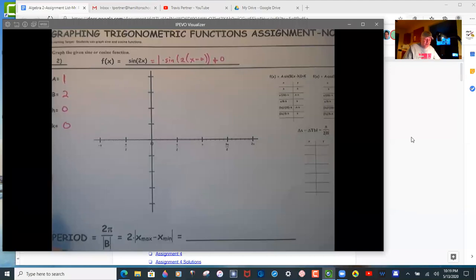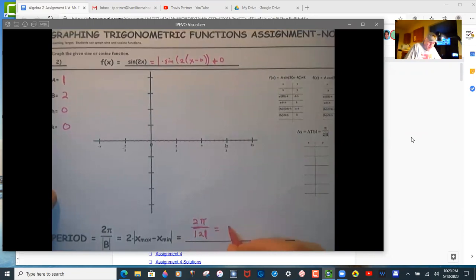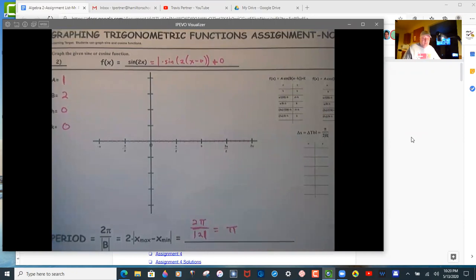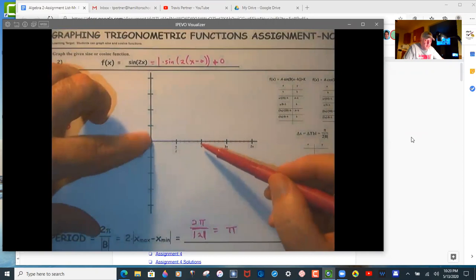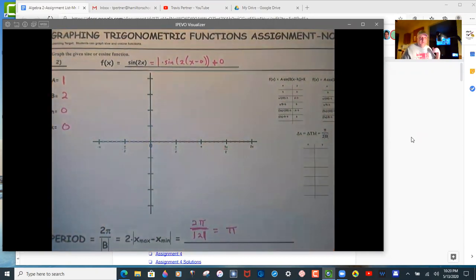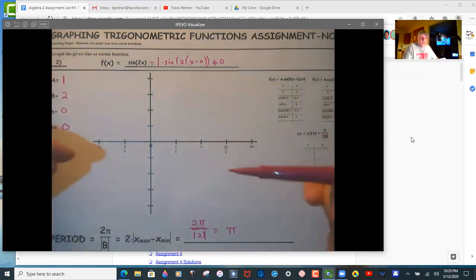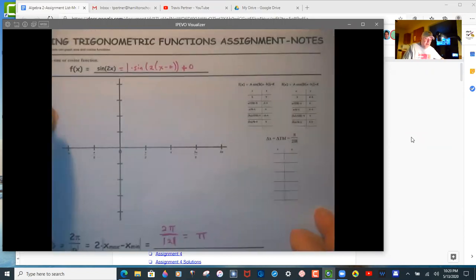So the second thing you should do is calculate the period, 2 pi over absolute B. Absolute value means just make it positive. So can it ever be negative? It can. So we're going to see one cycle in a length of pi on the x-axis. So I told you as B gets larger, it compresses the graph this way. Okay, so count on that.